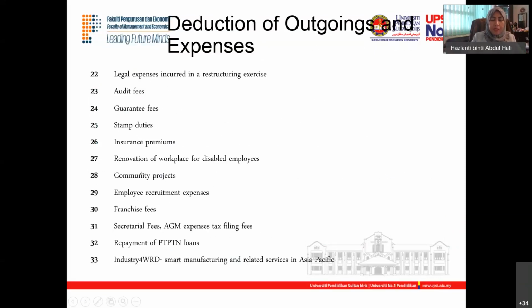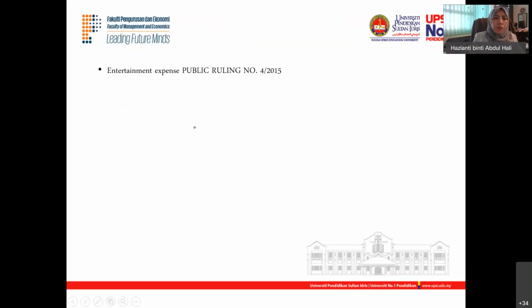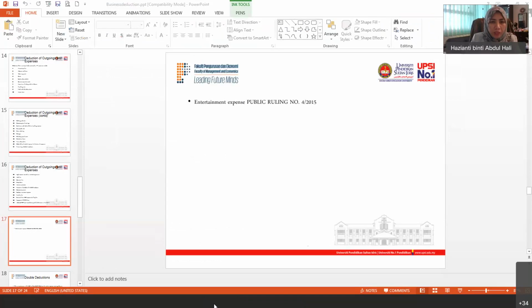Okay, sampai number 33 ya. So for entertainment expenses, we have public ruling number 4 ni. Contoh dekat sini, what I can share with you for entertainment expenses. Sekejap. Entertainment expenses, public ruling.